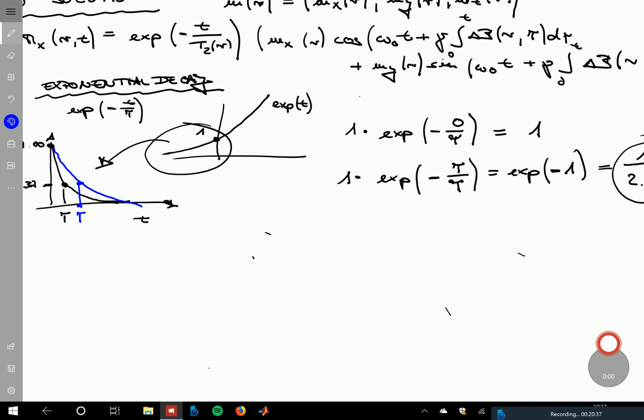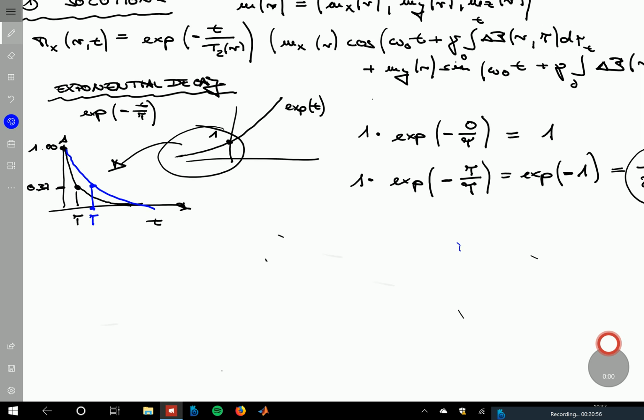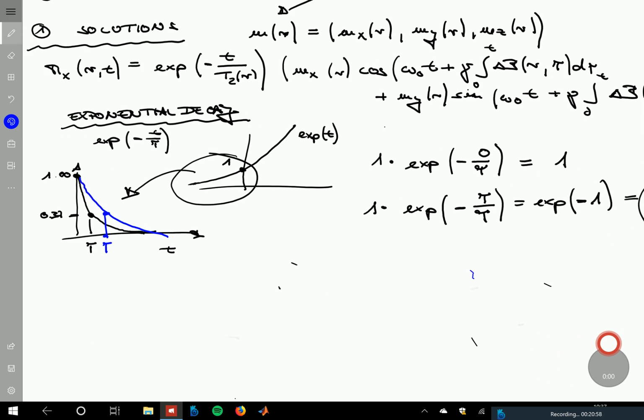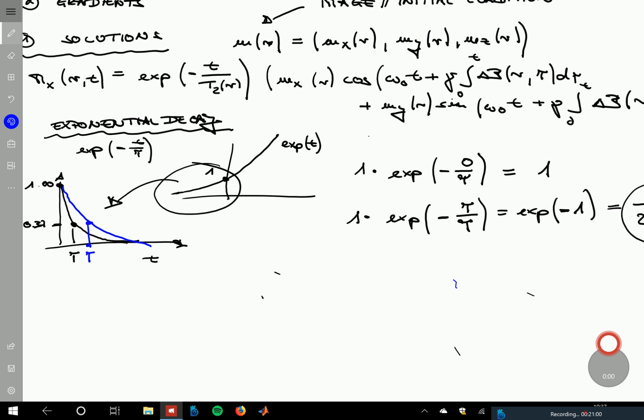But it's quite easy because at 0 it is 1, and then if you put in tau as the argument, so at time point tau, then of course you have exponential of -1, which is 1 over 2.71, because that's Euler's number. So why did we do that? Because in the solution for the x component, there is an exponential decay.